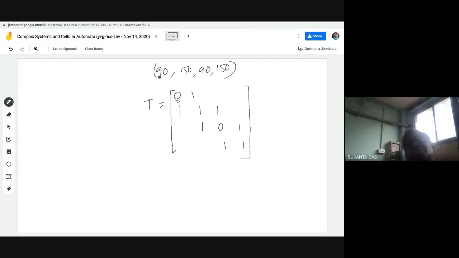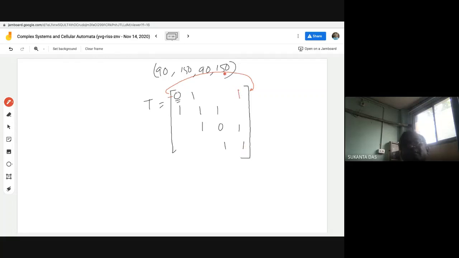Rule 90 has dependence on the left neighbor, but since it is a null boundary condition, we ignored this part. But if it is periodic boundary condition, then what will happen? Its left neighbor is this one, right? So this part will be 1.